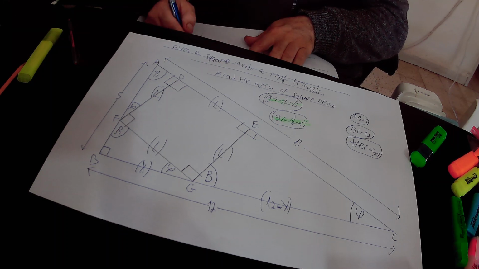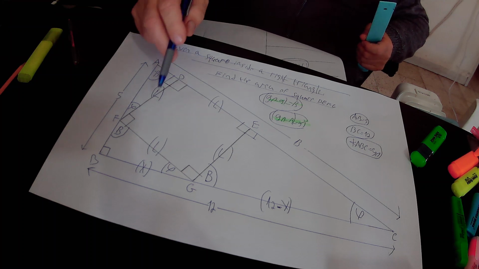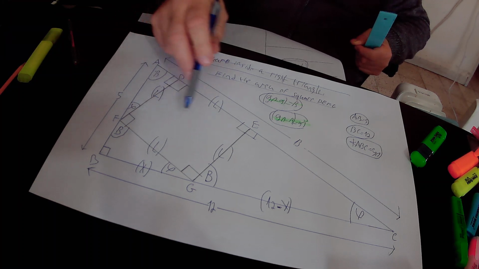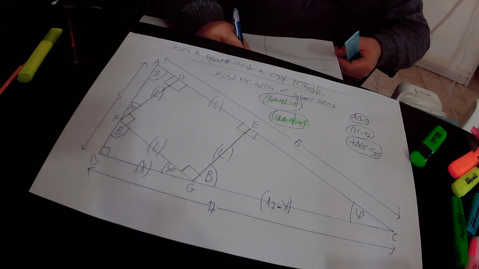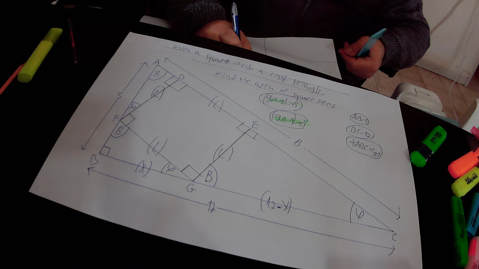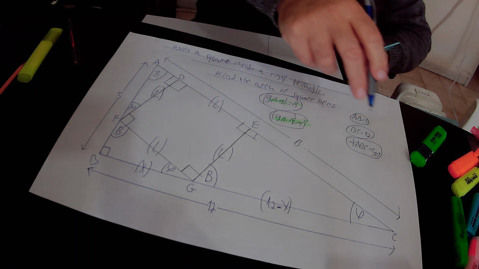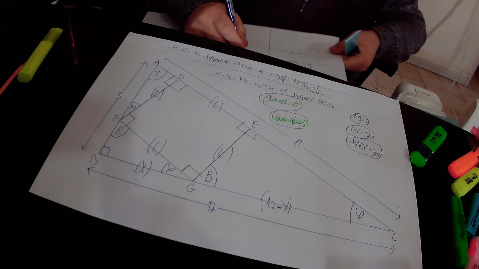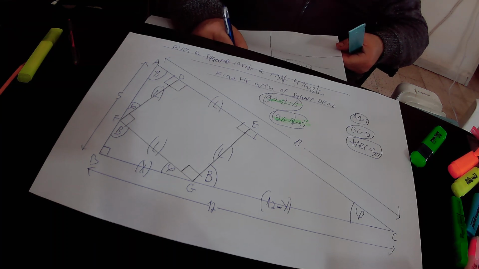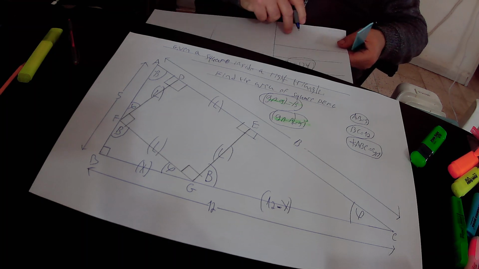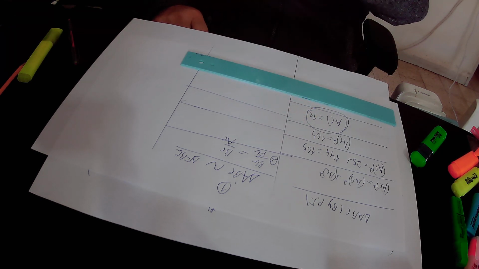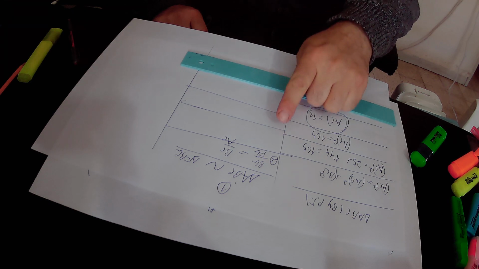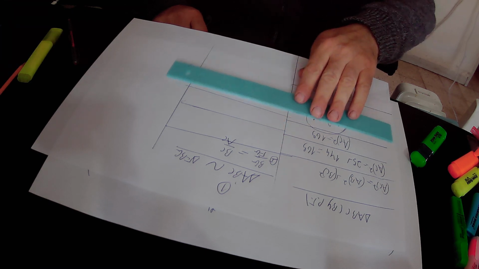We will derive that BG over FG in the small right triangle FBG equals BC over AC in the big right triangle ABC. Repeat again, from the fact that the big right triangle ABC is similar to the small right triangle FBG, we will derive that BG over FG equals BC over AC.